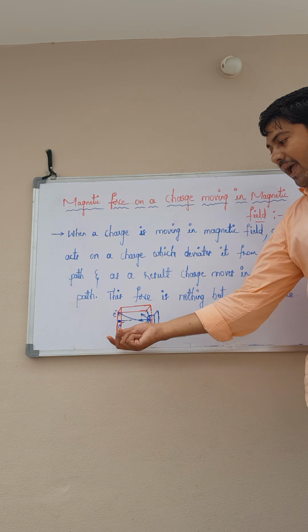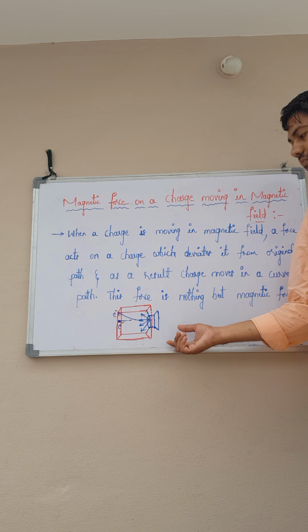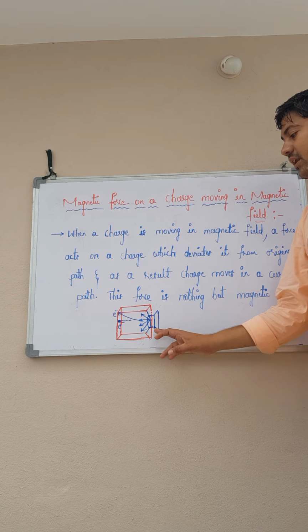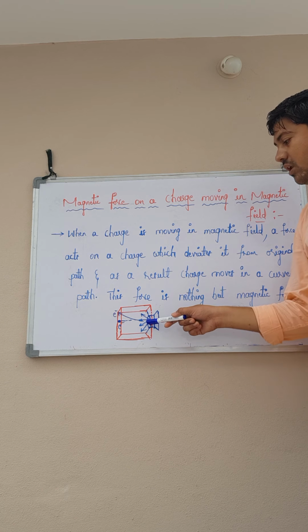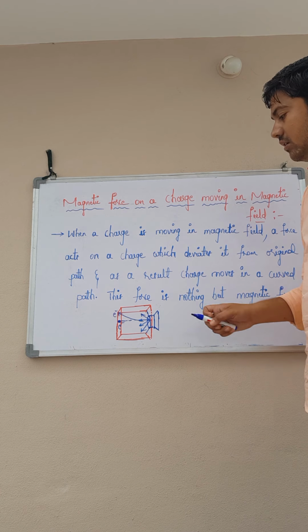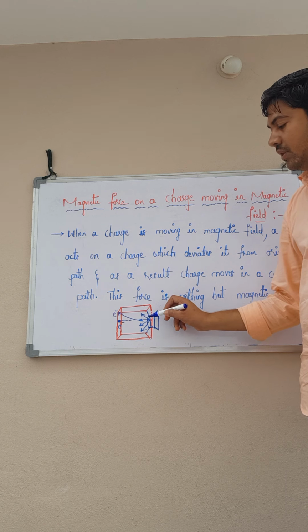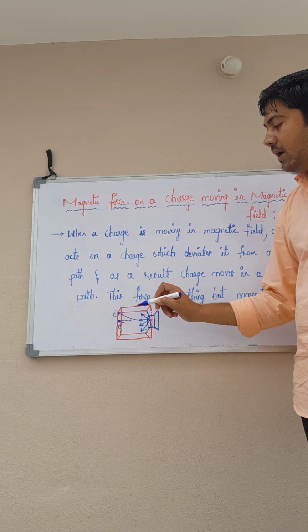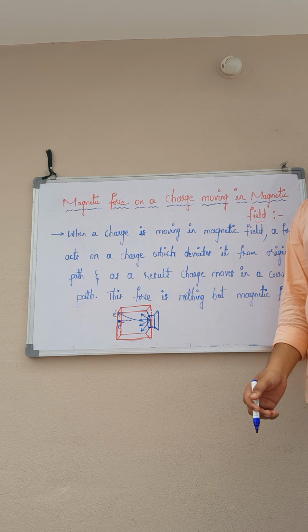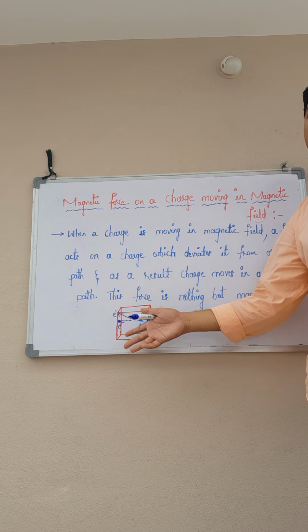But when you bring a magnet near the screen, because of the magnetic field, these electrons, instead of going in a straight path, will get deviated from their original path, and they will move in some other way, and they will hit the screen at some other place. Because of this, there will be a disturbance in the screen and you cannot see a clear picture.